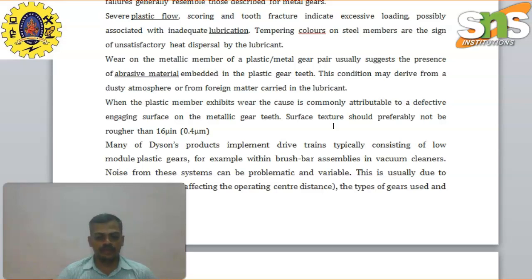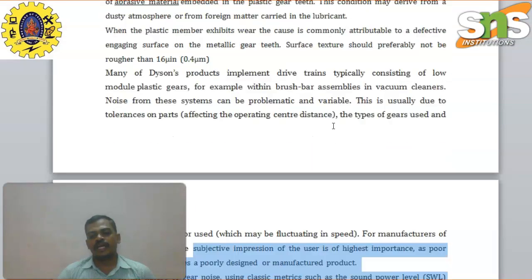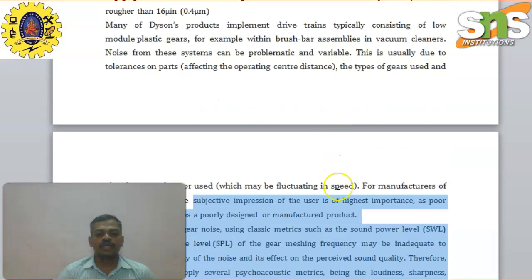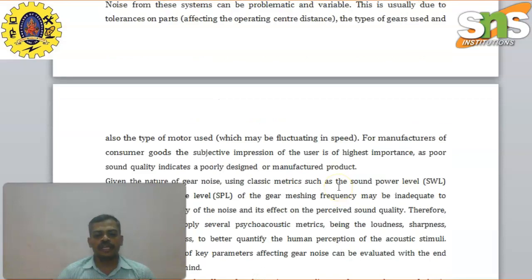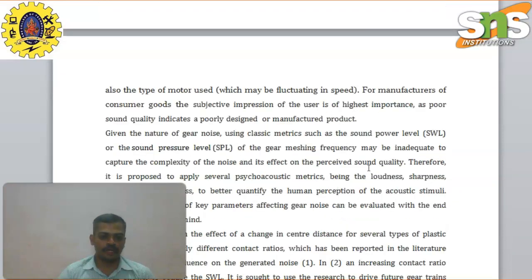This is usually due to the tolerance on parts affecting the operating center distance, the types of gears used, and also the type of motor used, which may fluctuate in speed. For the manufacturer of consumer goods, sound quality is of the highest importance, as poor sound quality indicates a poorly designed or manufactured product.